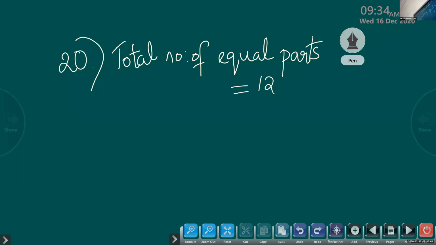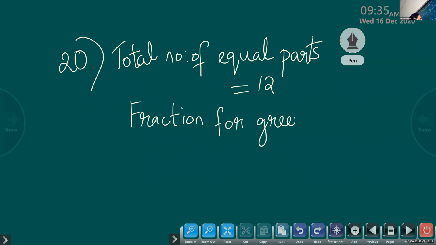So children, write, count and write the fraction for green color.